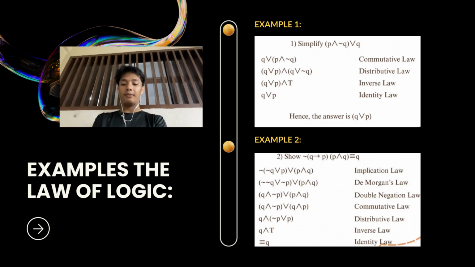Next, we use the double negation law, then the commutative law, then the distributive law. And next we use the inverse law to change negation P or P to the tautology. And the last one we use the identity law, and the answer is Q.